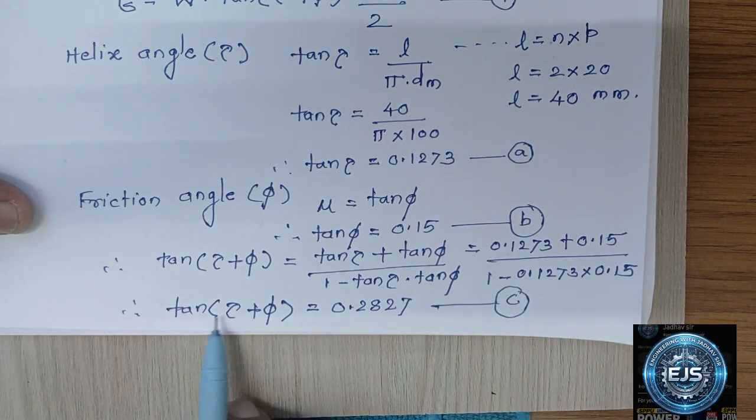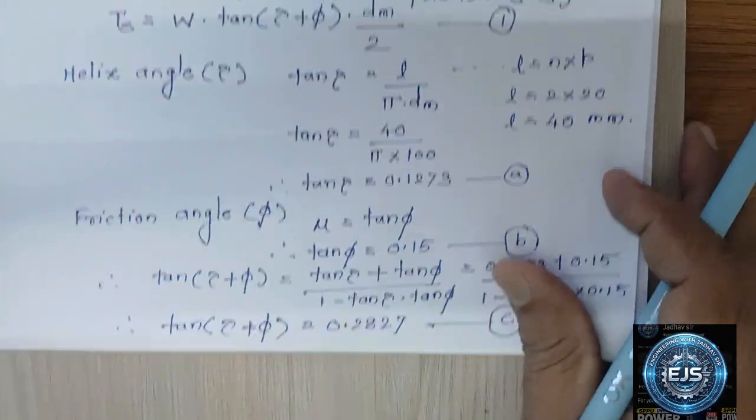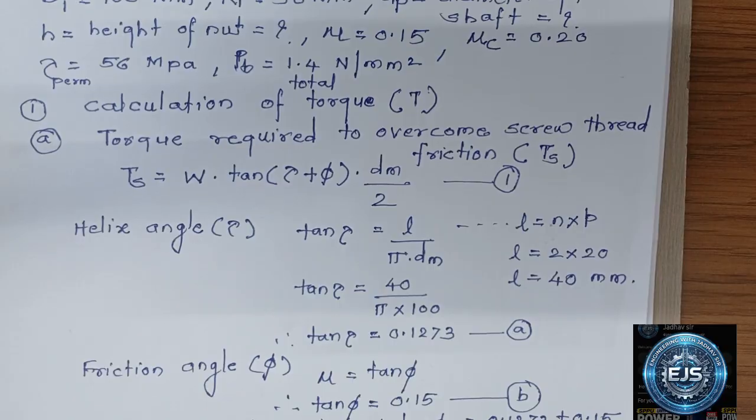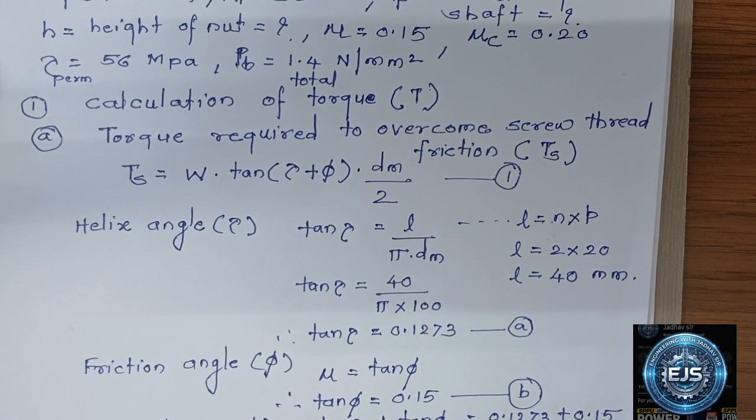We have to put this tan of lambda plus phi value, 0.2827, in equation 1, the equation of torque required to overcome the screw thread friction.